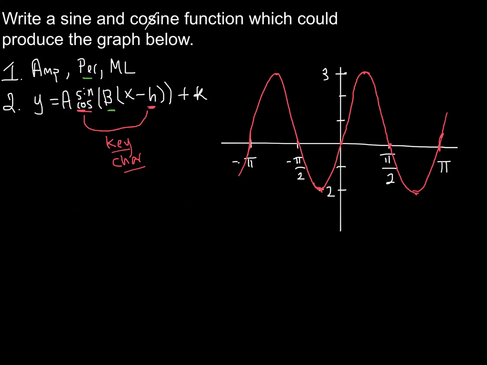Now, this question says write a sine and cosine function which could produce the graph below. So notice that sine and cosine, they're different, but if I shift them enough to the right or to the left, I can really use either one. So I want you to play around with it. Pick the one that you think makes the most sense first, just by looking at the key characteristics and what happens, and then move on to the second one.